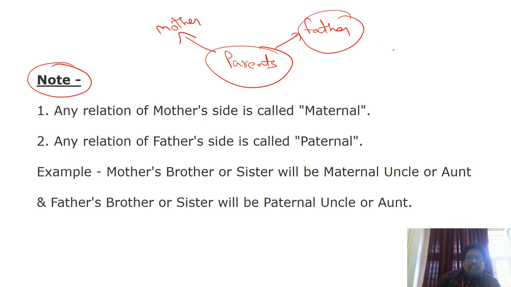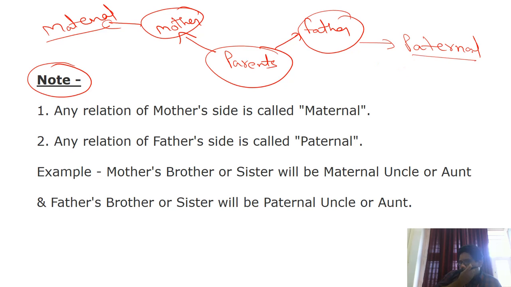Any relative from the father's side is termed paternal, and any relative from the mother's side is termed maternal. It's very important to mention these terms. The reason is, for example, if I say I've been to my uncle's home.